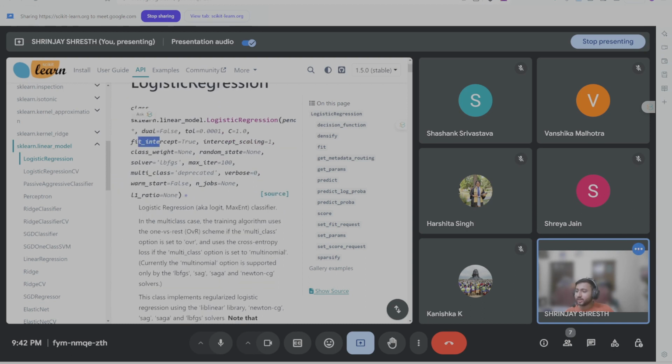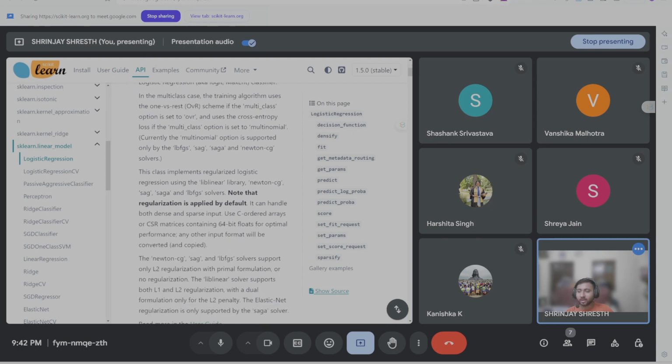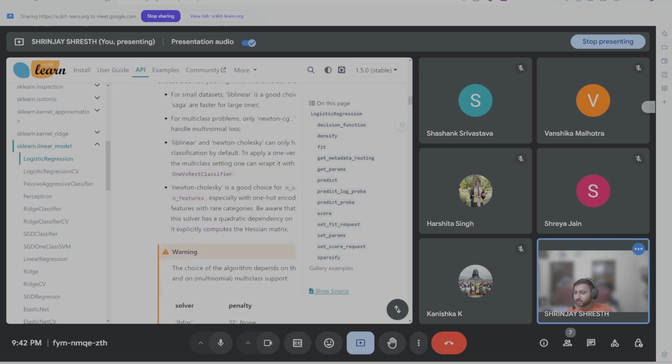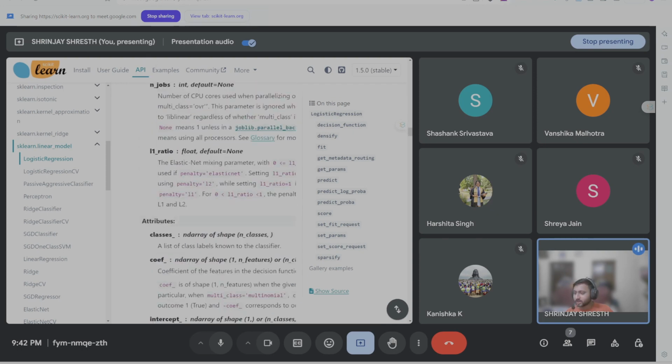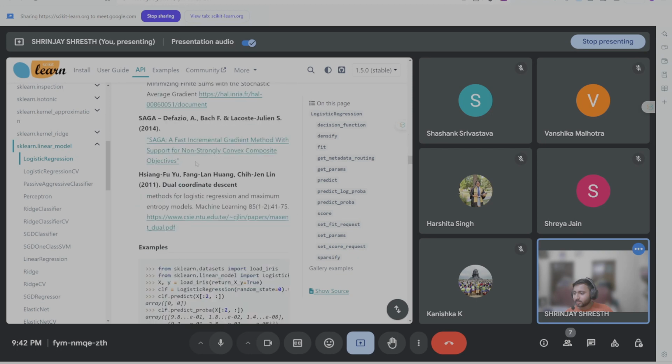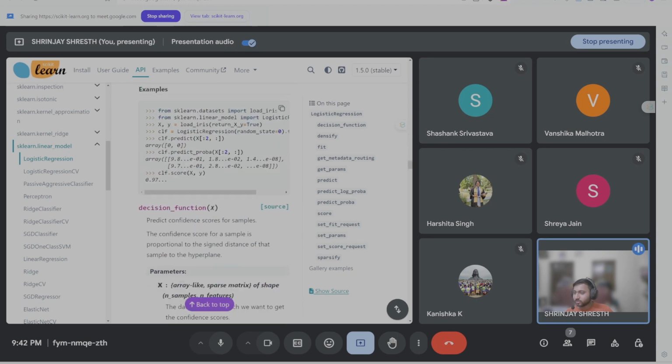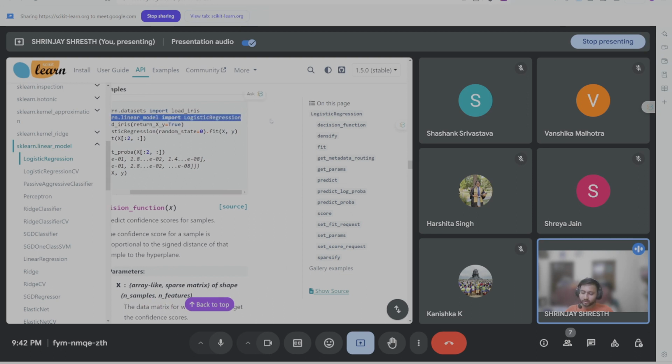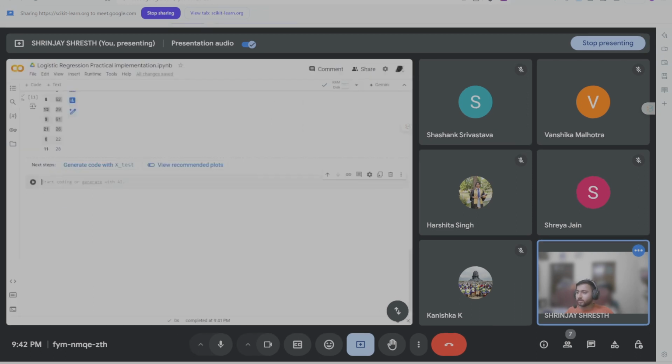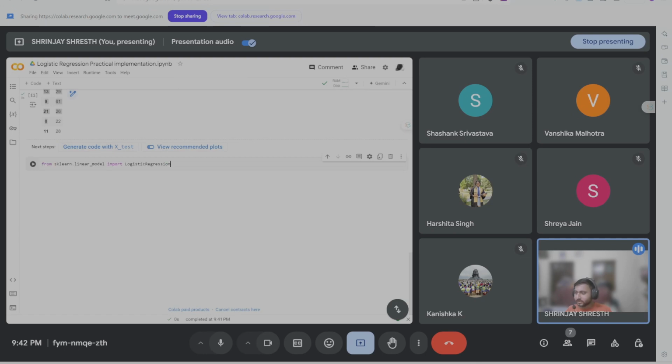You have this fit intercept. These are the different attributes you can work on. Let's go back down for some example. First you have to use from sklearn.linear_model import LogisticRegression. I'll use it here: from sklearn import logistic regression.